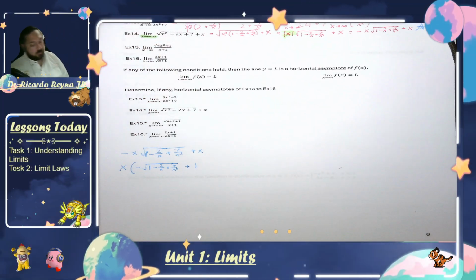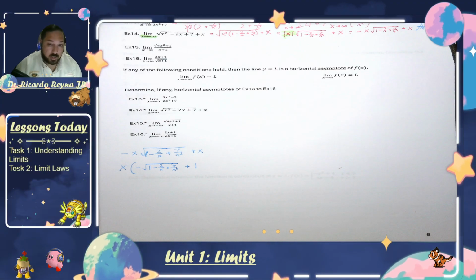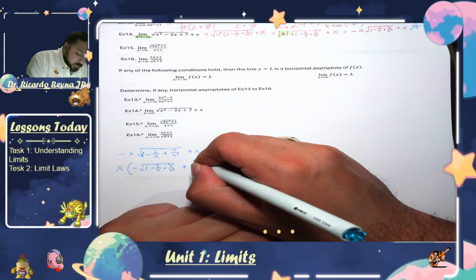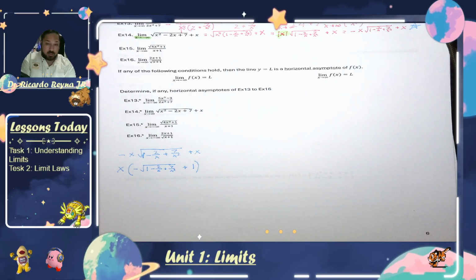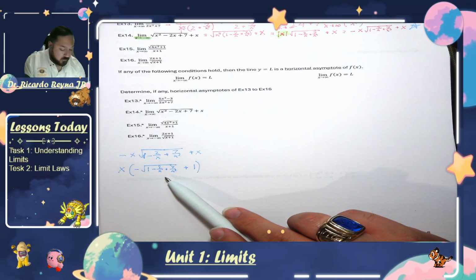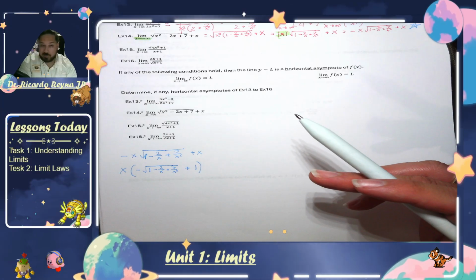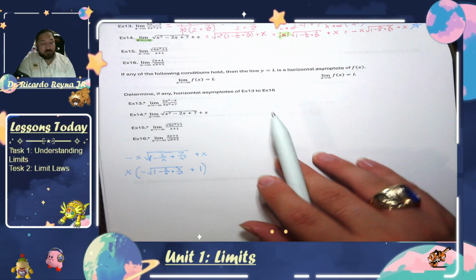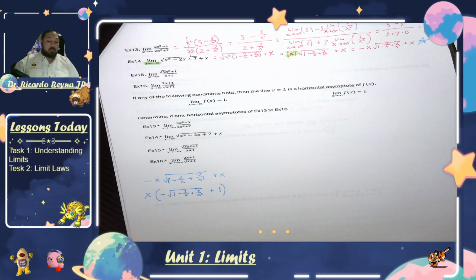Okay, so from here, I need to multiply this by the conjugate. The reason why I'm doing this is because I'm still having conflicting terms. At the end of the day, if I take the limit here and here, that's going to be 0 times x, which isn't really true because that limit's not really bounded by a 0.